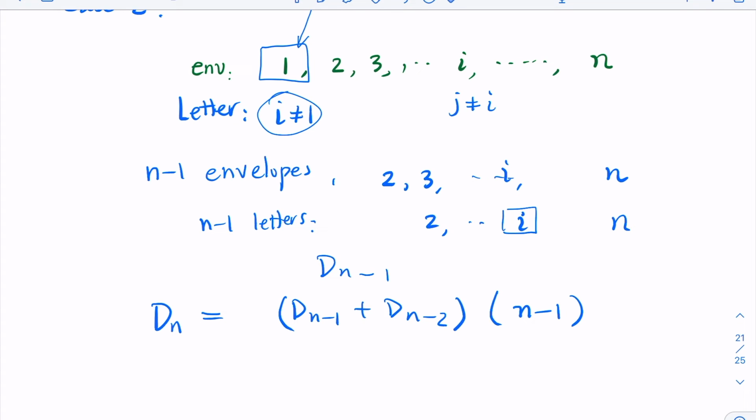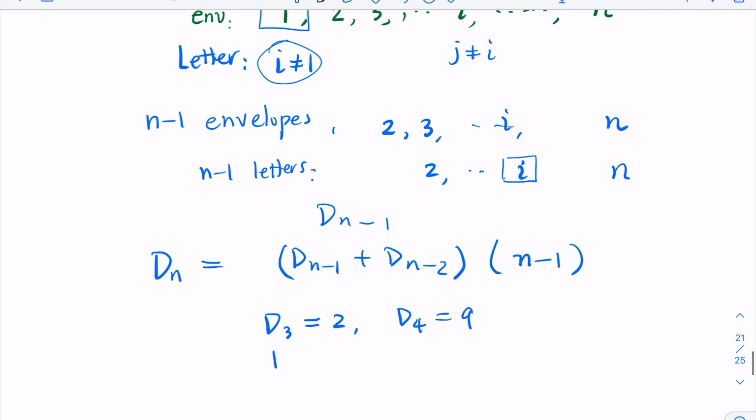Okay, so with that, let's try it out. Earlier we know that d3 equals 2 and d4 equals 9. So what is d5 for the 5 elements? That's going to be the summation of the two, which is 11, times n minus 1, which is 4. And that equals 44.